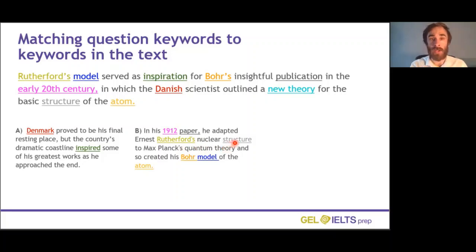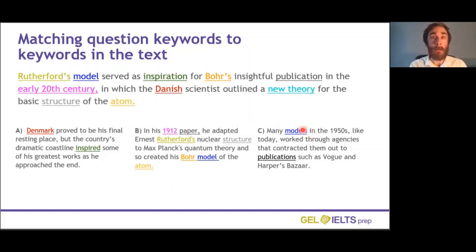We've also got the words structure and model, which are the same as in the text. So words which have specific scientific meanings often stay the same. This is also true for atom. So we've got lots of matches here. Most of them are direct matches, and one of them is a kind of synonym paraphrasing that carries the same idea.